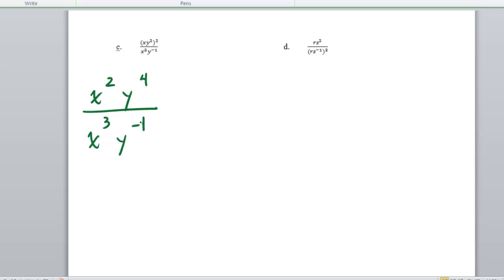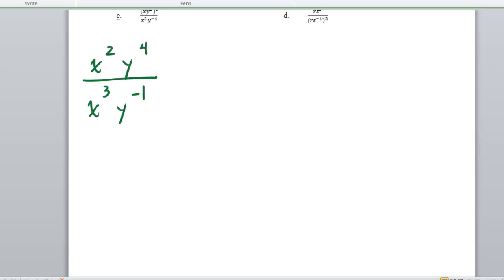Now, anytime you're dealing with division, with two different variables, I like to think of it as being really broken apart. You can really deal with the x's by themselves and you can deal with the y's by themselves.